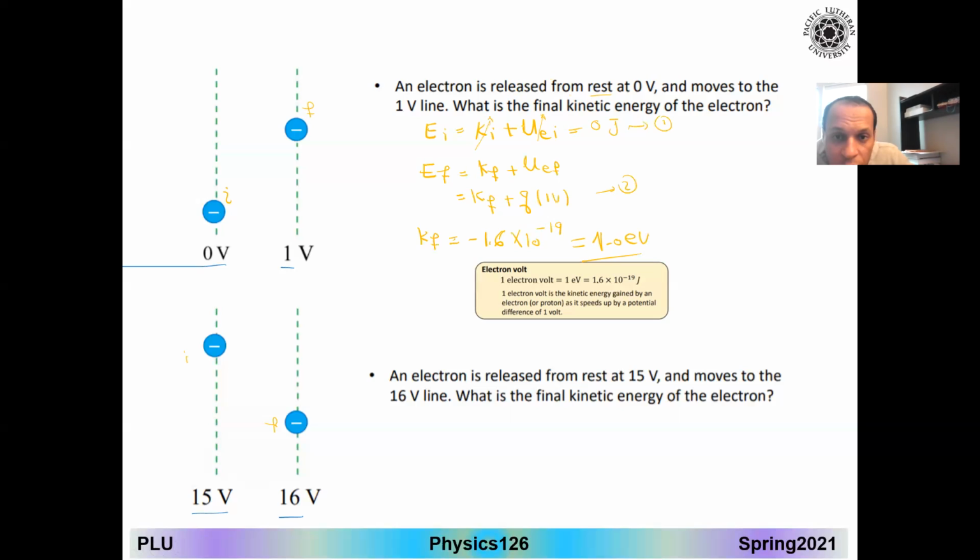Sorry, I missed the unit for this one; here it is joule. So the same concept here.